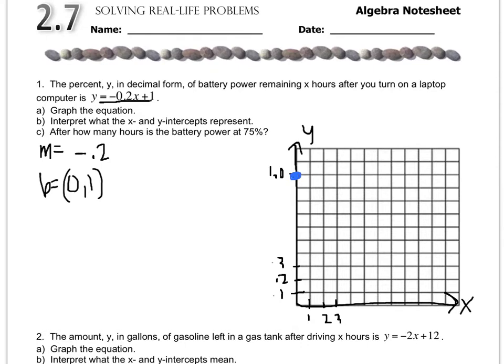If I were to write that as a fraction, just go with me, you can say that that's down 0.2, right 1. I can do that because I made my scale go by 0.1s. So down 0.2, right 1, and that's a dot right there.